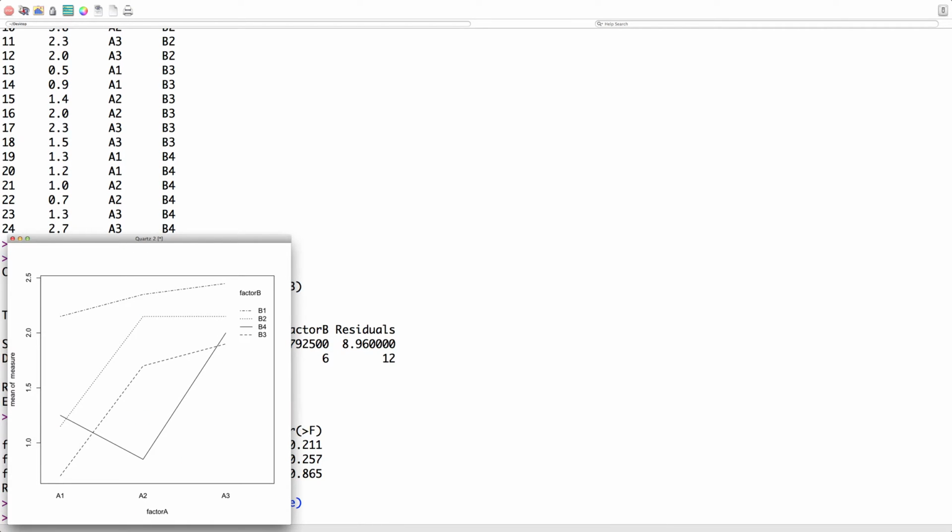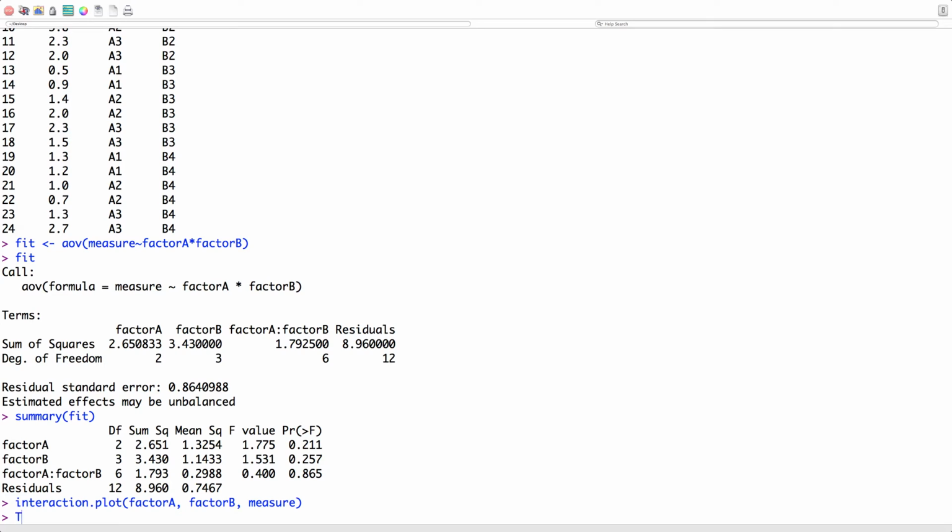And when I do that, I'm expecting to get lines that are parallel, because that's the indication of an interaction effect that's not statistically significant. And what ends up happening here is I get just the opposite. Clearly, I don't have lines that are parallel, which tells me I've got something going on. Something going on that should be investigated more closely.